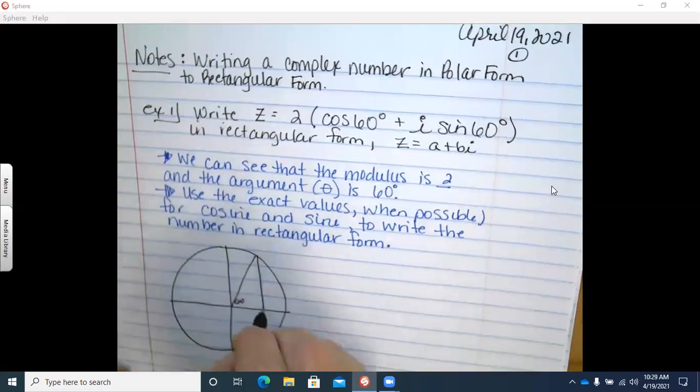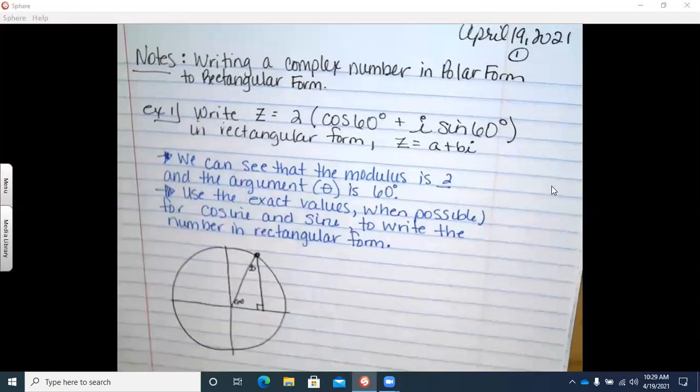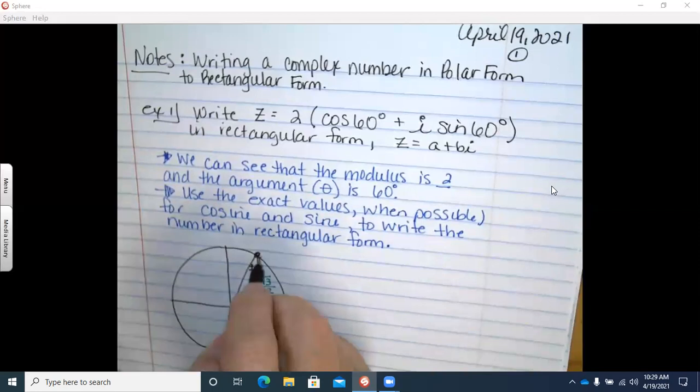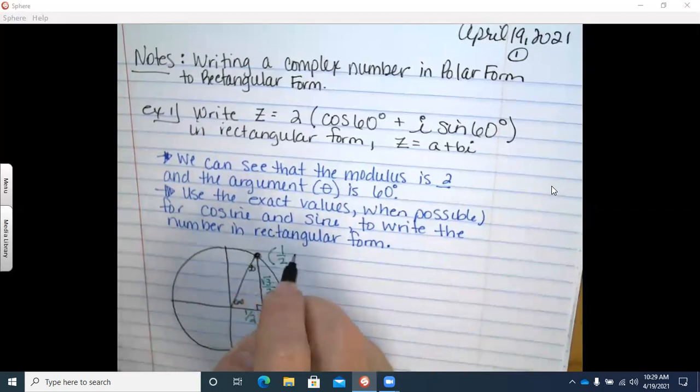So just as a reminder, if we make a right triangle in the unit circle, we know the leg across from the 30-degree angle is what? 1/2. And the leg across from the 60-degree angle is square root of 3 over 2. So the cosine is 1/2, the sine is square root of 3 over 2.